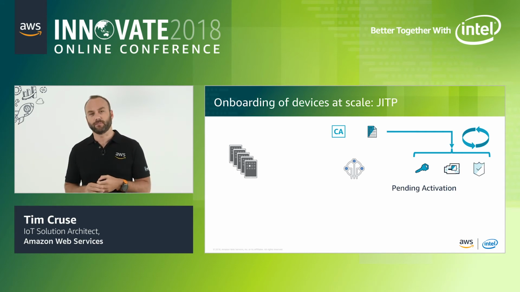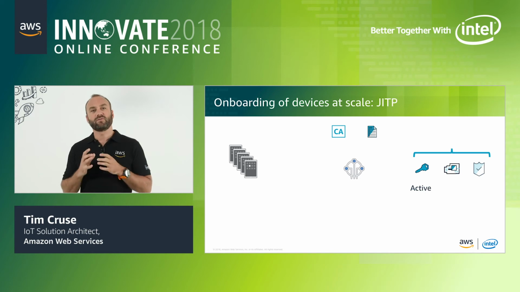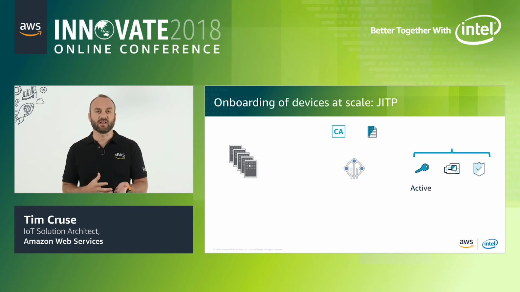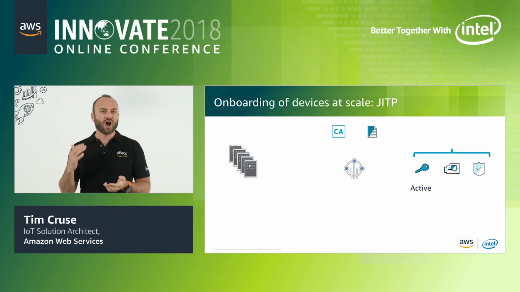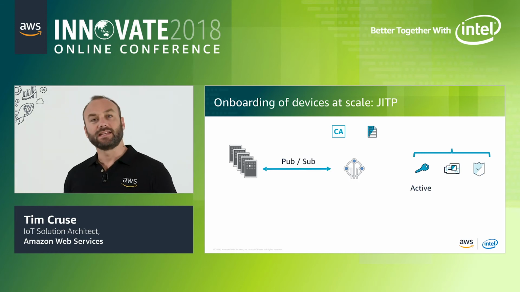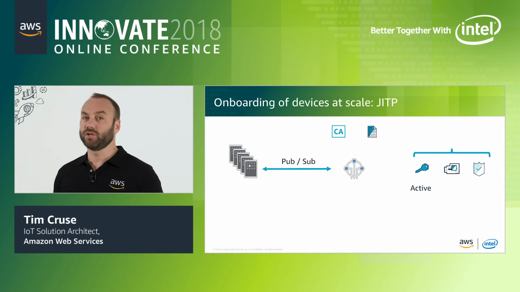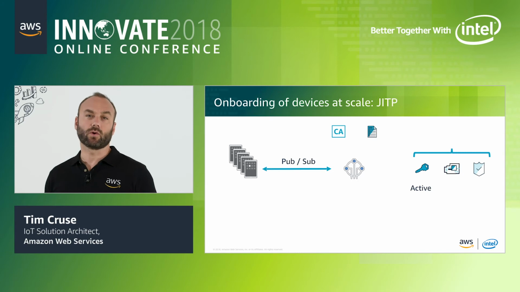to the certificate. Once the provisioning is done, you can choose to leave the certificate in pending activation state so that you can trigger other manual or automated tasks custom to your business logic, or automate simply activating the certificate. Once the certificate is active, data communication between your device and the AWS IoT Core is enabled.